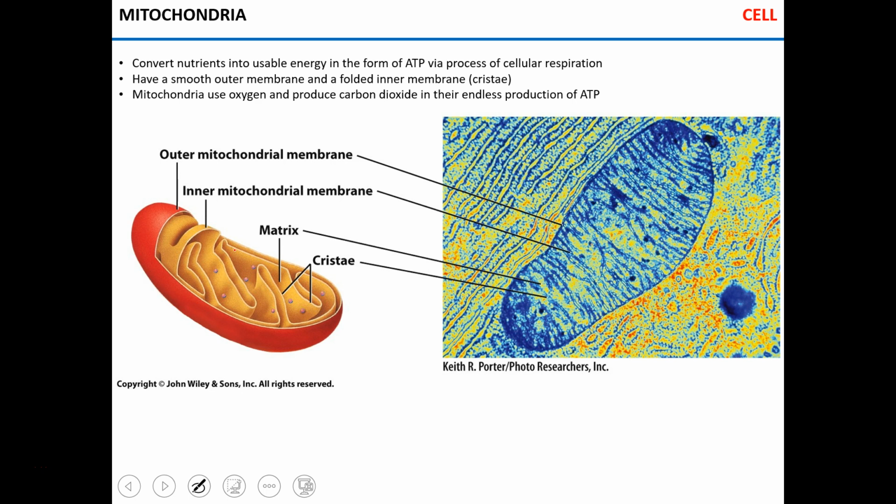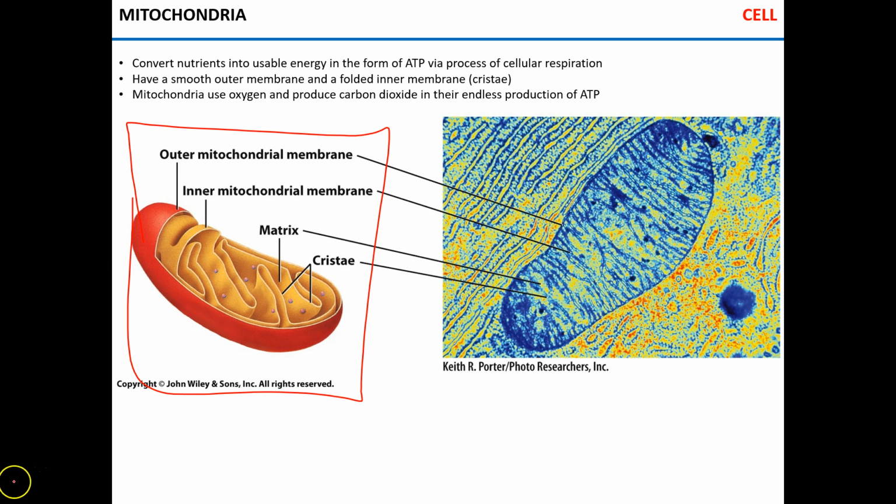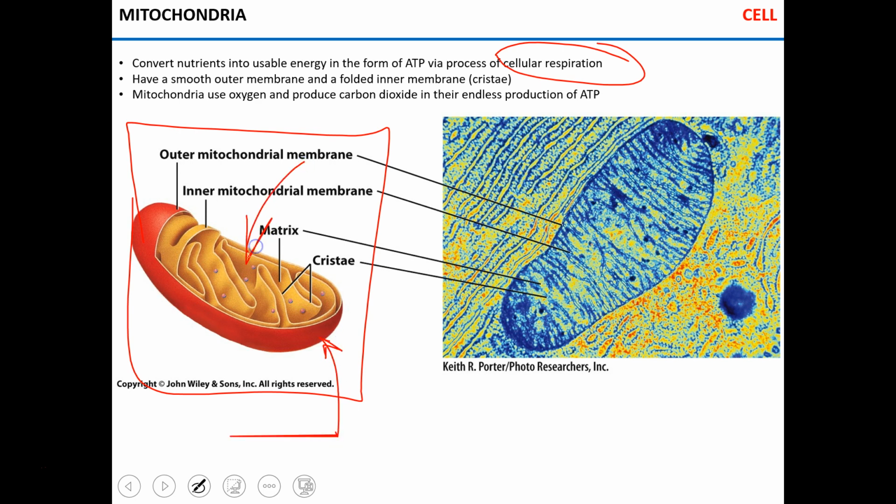Mitochondria, we mentioned, are the powerhouse of the cell. Mitochondria produce ATP. Cellular respiration, essentially the process responsible for ATP synthesis, occurs in the mitochondria. You can see that it's also double membrane. You have an outer and inner membrane. The inner membrane is folded. These folds are called cristae.